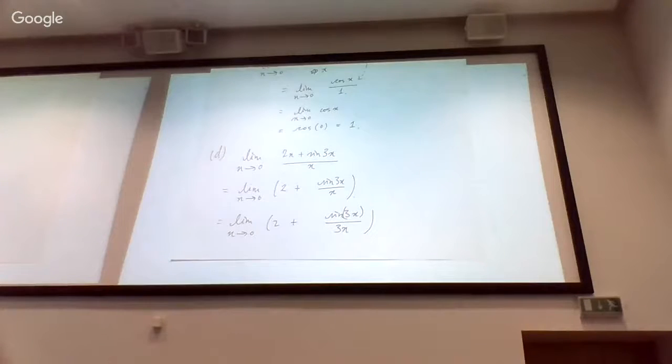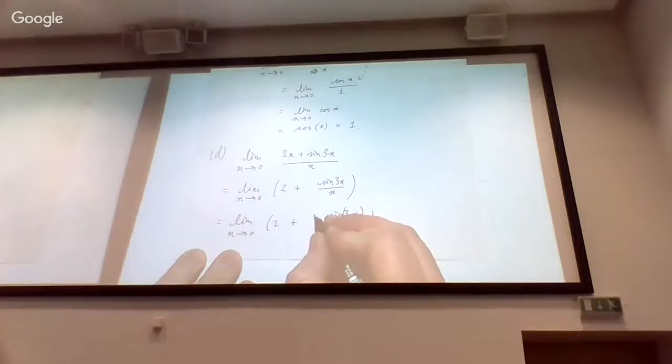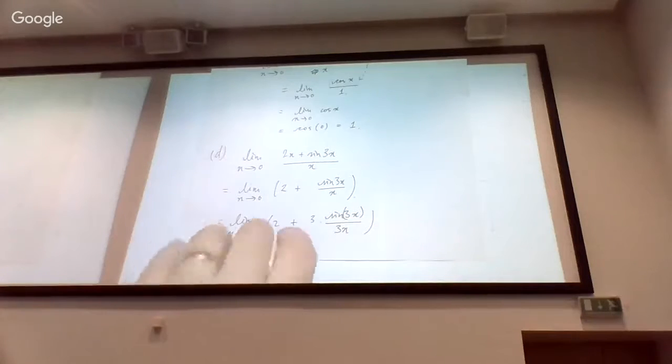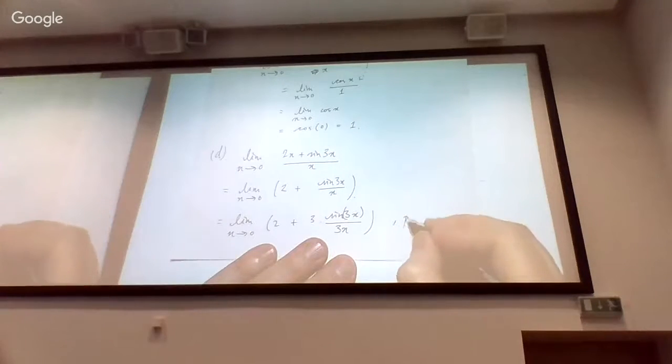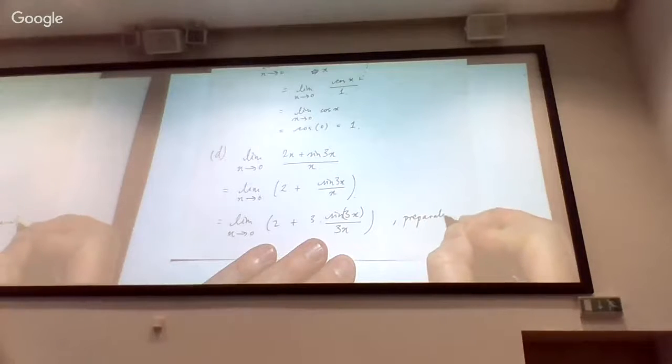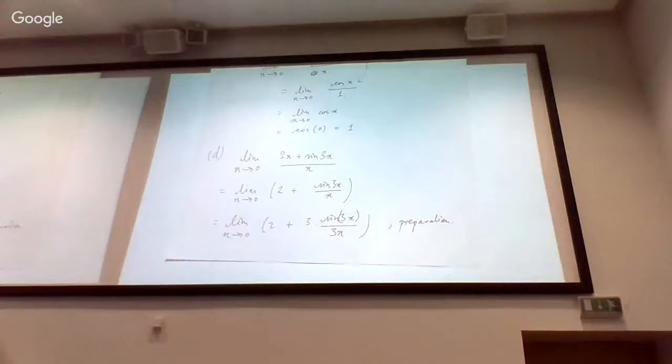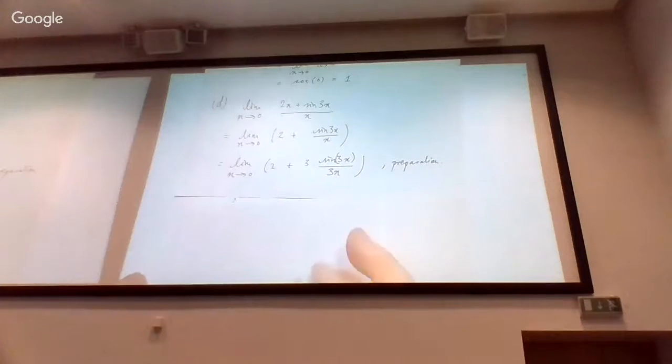So I have to compensate for that. The fact that I've stuck a 3 in the denominator means I have to stick a factor of 3 in the numerator as well, and just change the way it's expressed, not the quantity. So that's some preparation so that we can now get to applying the result of part C.